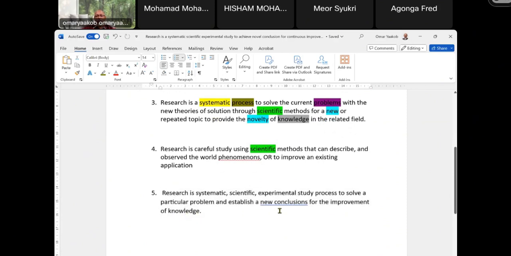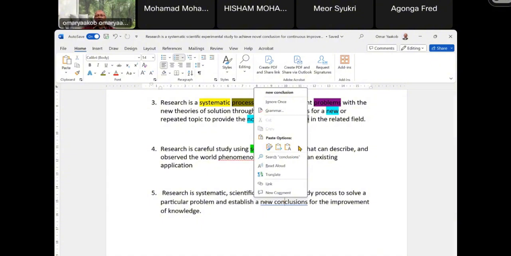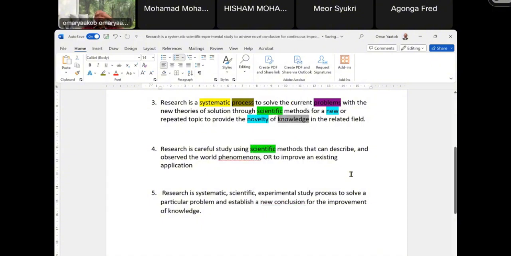For the improvement of knowledge, I think that's correct. To establish new conclusions, the A shouldn't be there. It's a systematic, scientific, experimental study process to solve a particular problem and establish new conclusions for further improvement of knowledge.